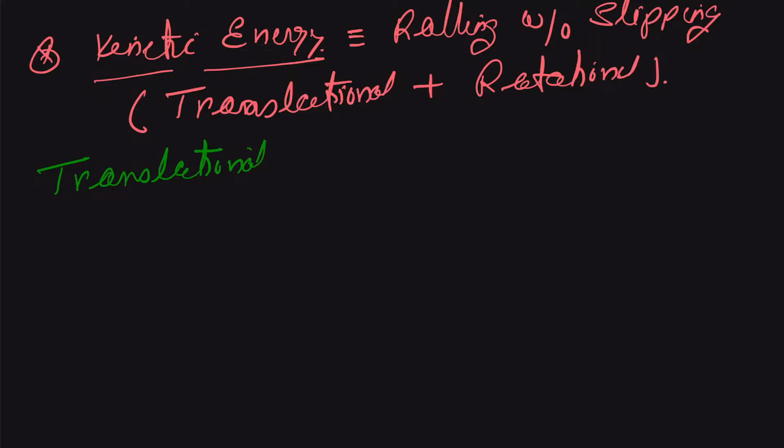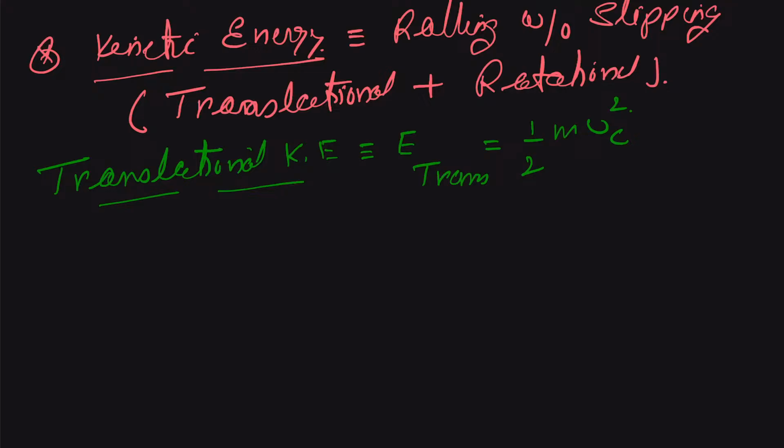We have translational kinetic energy, let us call this E translational, and that will be equal to half m v c square.